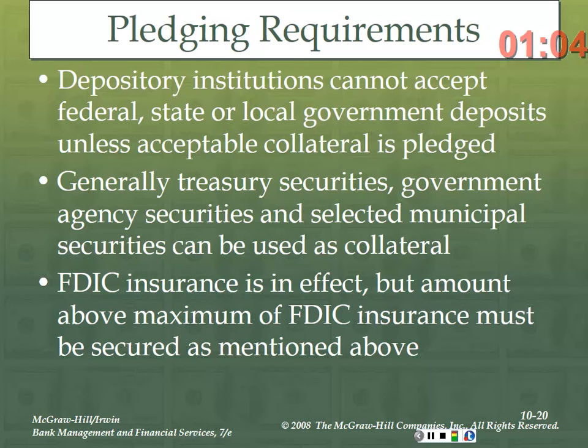Now, when you put taxpayer money in a bank, you have in effect FDIC insurance up to the maximum amount, which is going to be $250,000. But if I'm putting in $1 billion worth of taxpayer money and I'm insured up to $250,000, there's a little shortfall there. Okay?